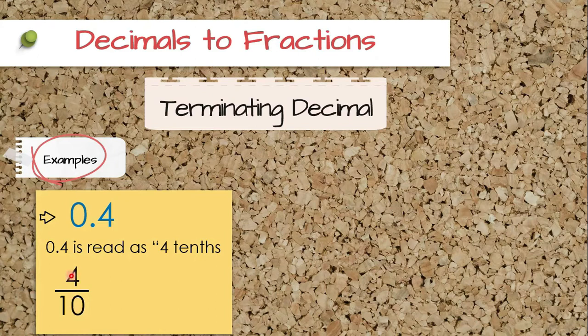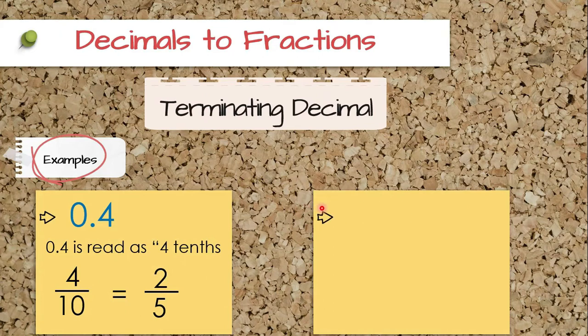And you're just going to copy 4 for your numerator. Okay? And that is now equal to 2/5. So 4/10 is equal to 2/5. You're just going to simplify it into its lowest term, so we can divide it up and down by 2.